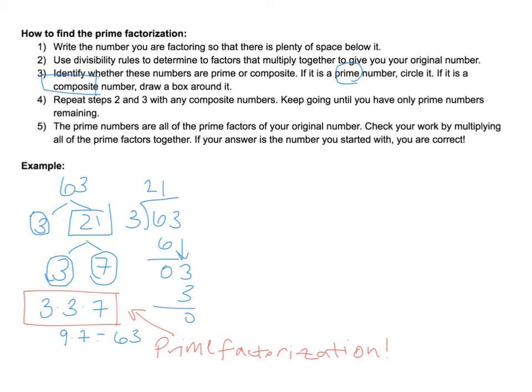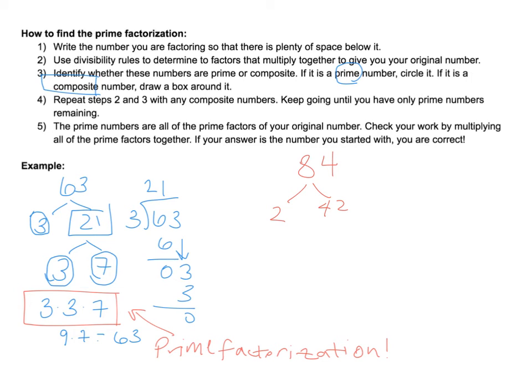So now let's try another example. Let's try the number 84. So if we look at this number 84, right away we can tell that because it's an even number, we know it's divisible by 2. Right? So let's break it down. We've got 2, and we know that 2 multiplies by 42 to give us 84.